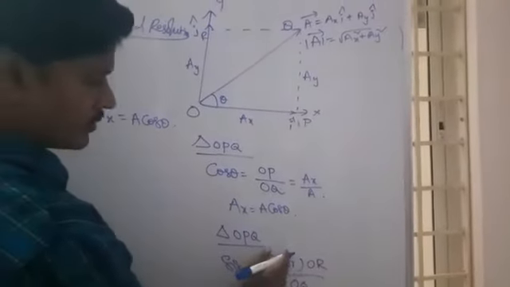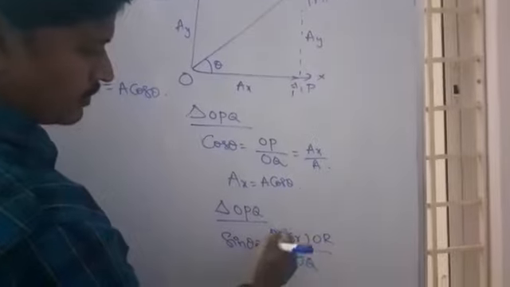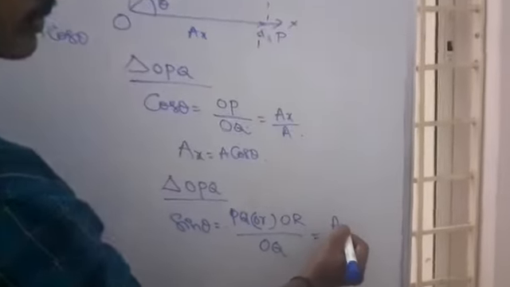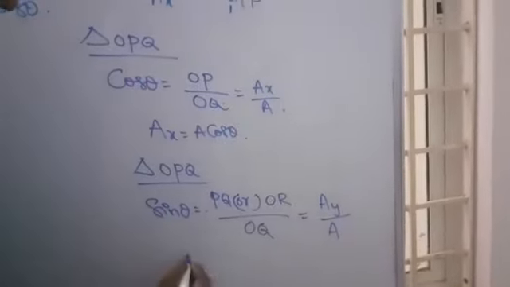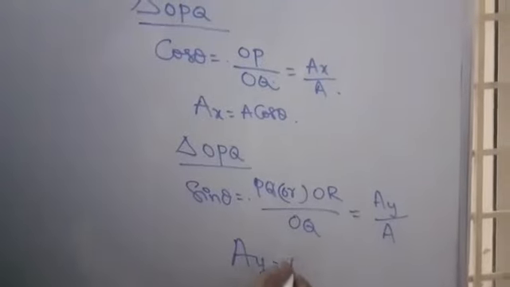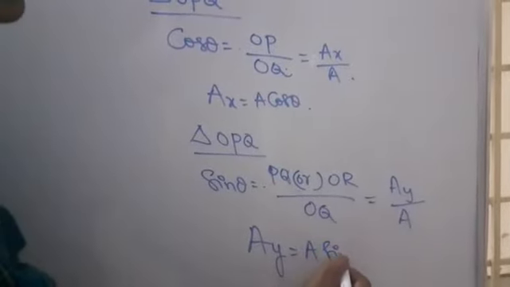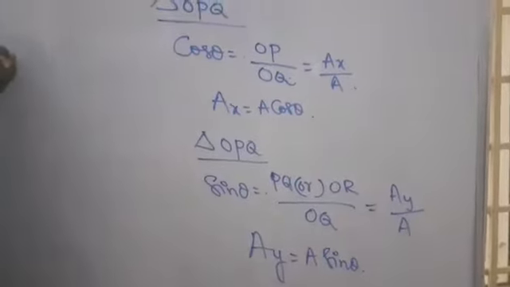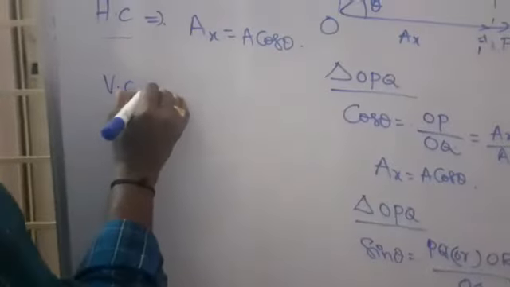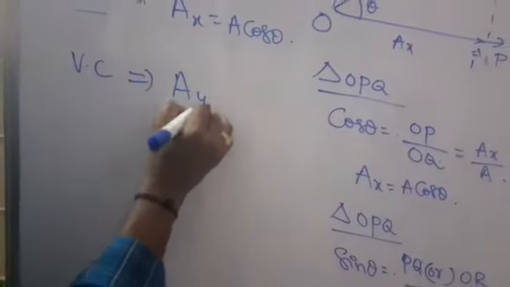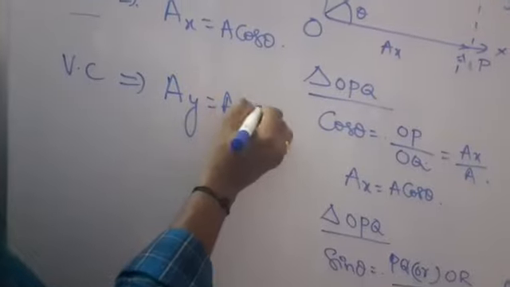Okay, so that is equal to Ay by A, where Ay is equal to A sin theta. Therefore the vertical component Ay is equal to A sin theta.